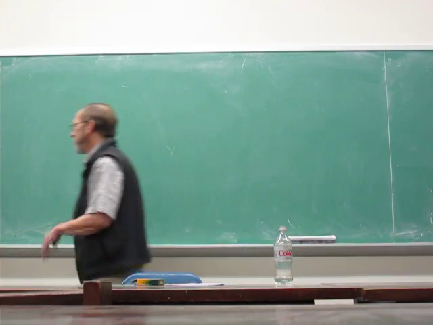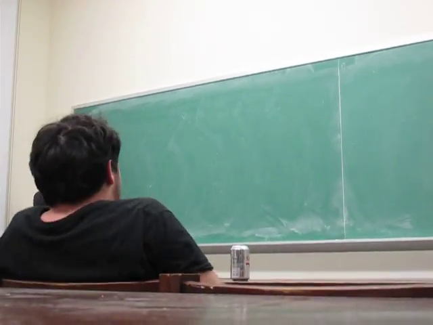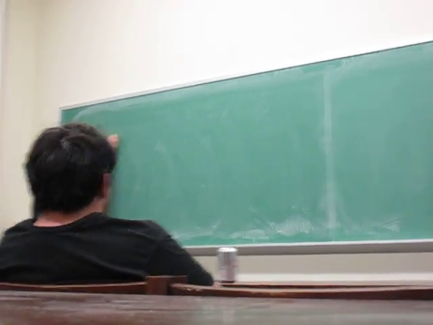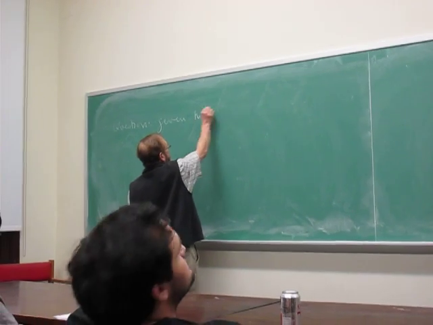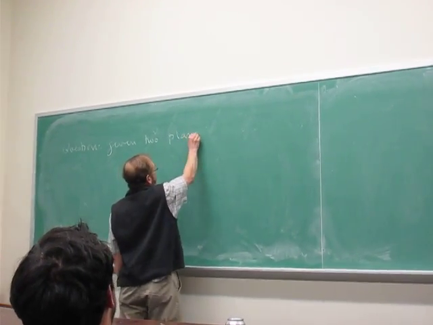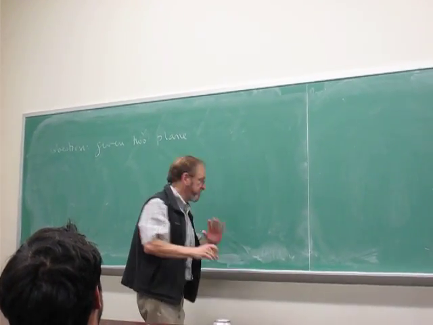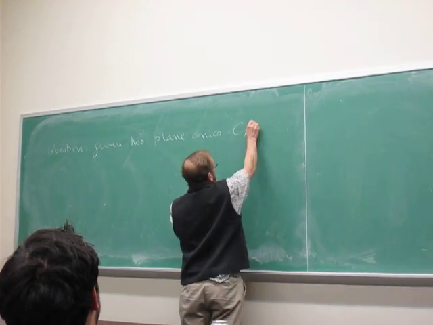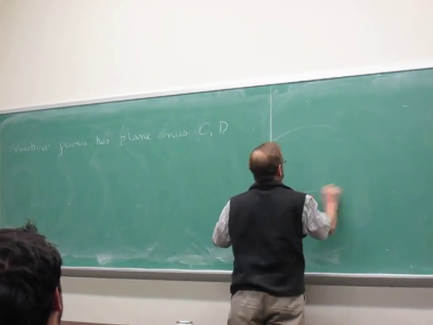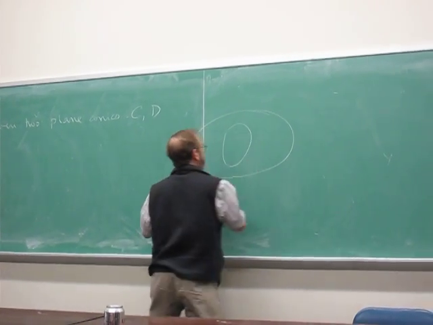So here's the theorem, okay? Let me start with the question that the theorem is going to answer. Given two plane conics, and again, this is just ordinary conic sections in R2, and I'm just going to draw it like this.